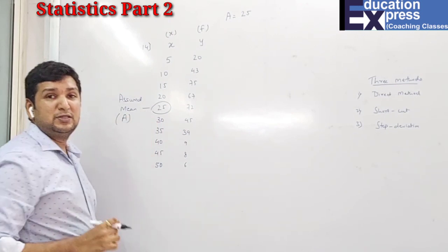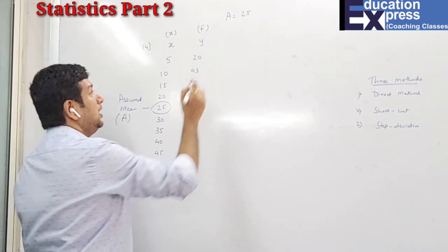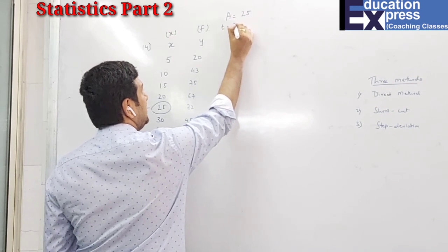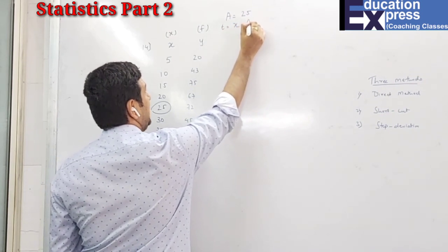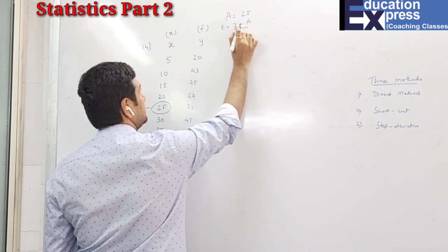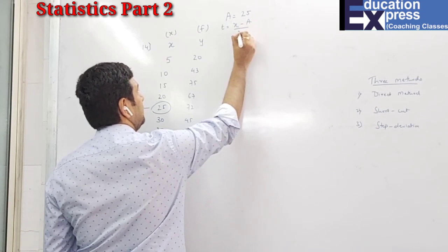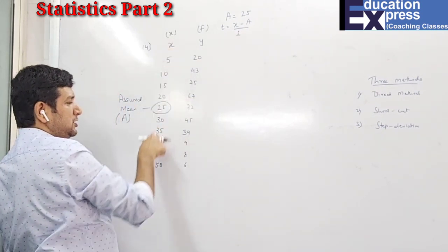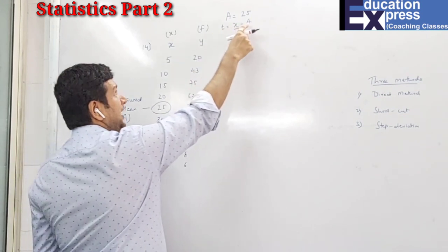Now to use the step deviation method, you have to find t. Now what is t, sir? t is nothing but x minus A divided by i. We know x is these values, and A is 25.